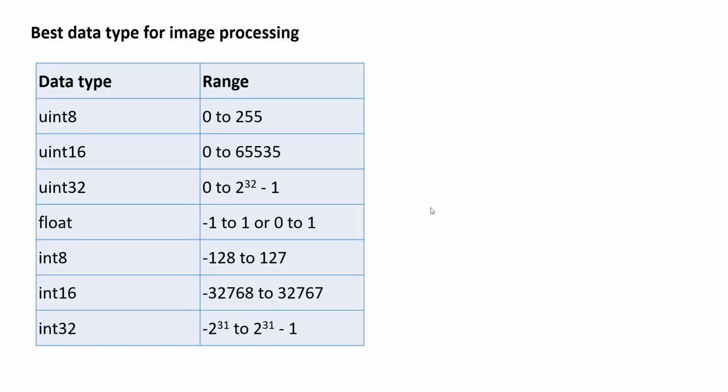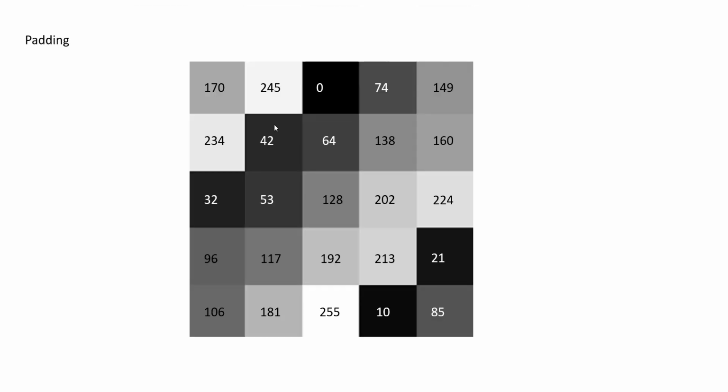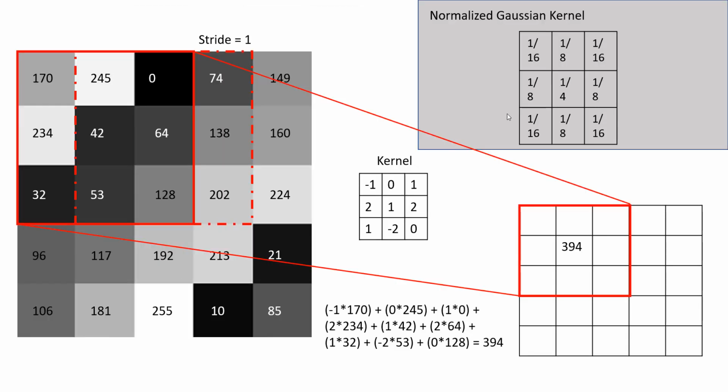And finally, what are the best data types for image processing? As you probably know, there are many ways of handling these numbers in Python or in any computer. Typically, most of your images are probably unsigned integer 8, which means the values at every pixel range from 0 to 255. Okay, the example I just showed you here, these are all 8-bit, right?